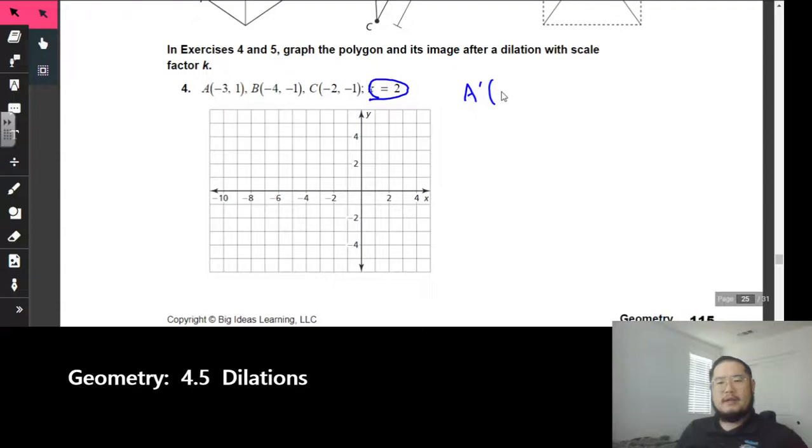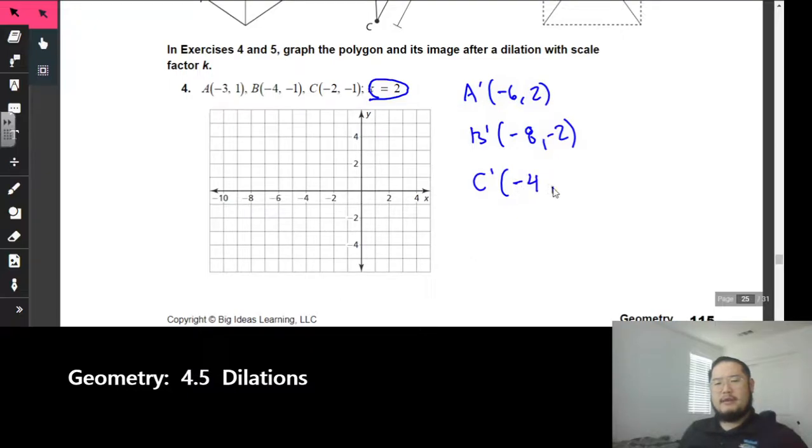So we got -3 times 2 is -6, and 1 times 2 is 2. And there's A prime. B prime, we take -4 and -1. We multiply by 2, we got -8 and -2. And then for C prime, we take -2 and -1, multiplied by 2.